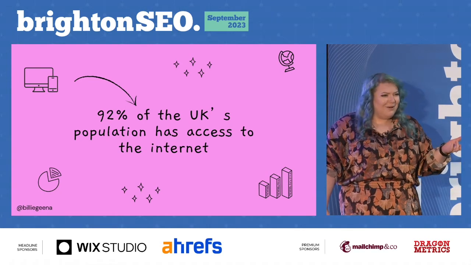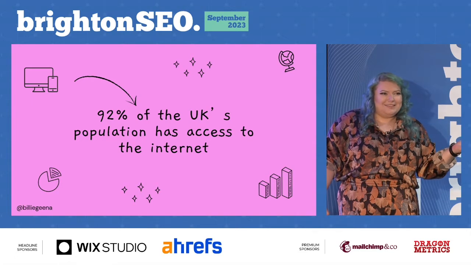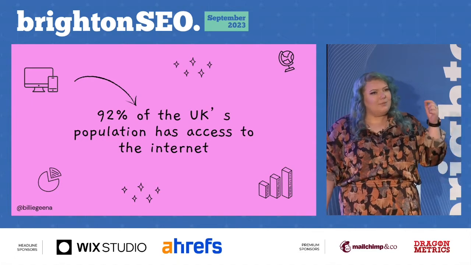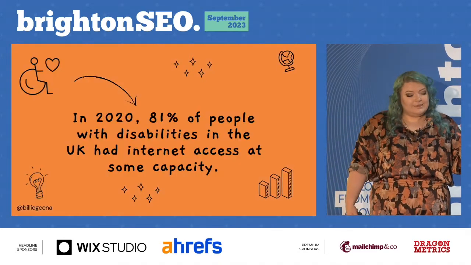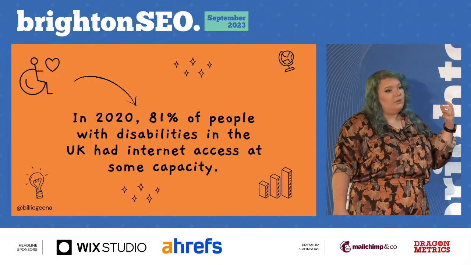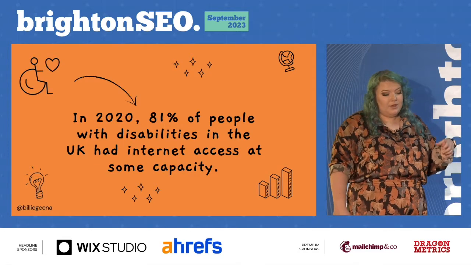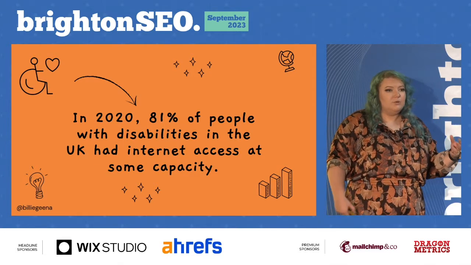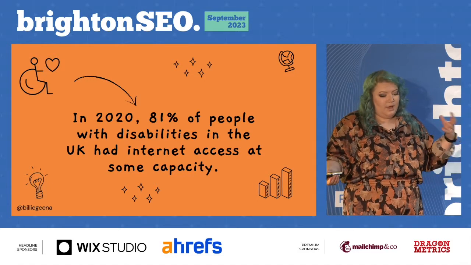And I'm like, what are you on about? Everyone's on the internet. 92% of the people in the UK are on the internet. That's a lot. There are figures that I've checked. The latest data is 2020, but 81% of people who live with a disability have access to the internet in some capacity. That could be at school, it could be a mobile device. Not everyone's on it the same way.